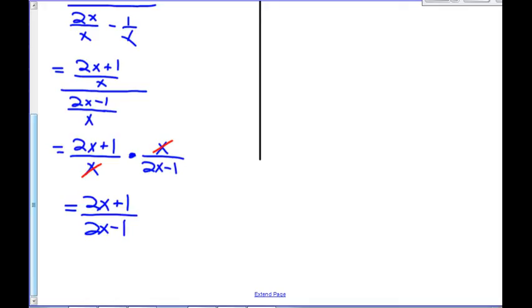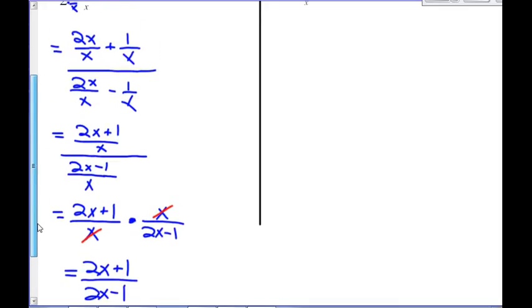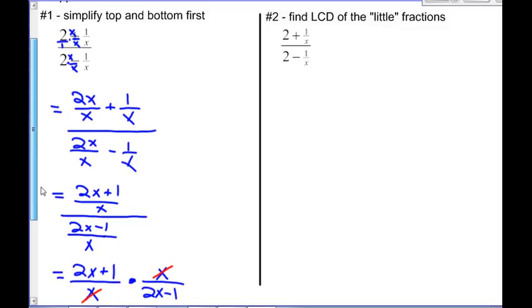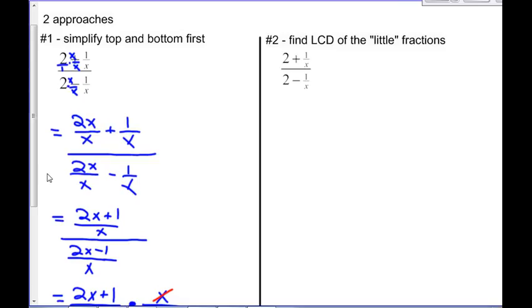That approach is going to work fine, but sometimes it's not the quickest way to go. So I'm going to show you a second approach that would also work for us. If we found the LCD of all the little fractions, well, there's a little fraction with an x, another one with an x. So the LCD of the little fractions is just x. I'm going to multiply the top and the bottom of this whole fraction by x.